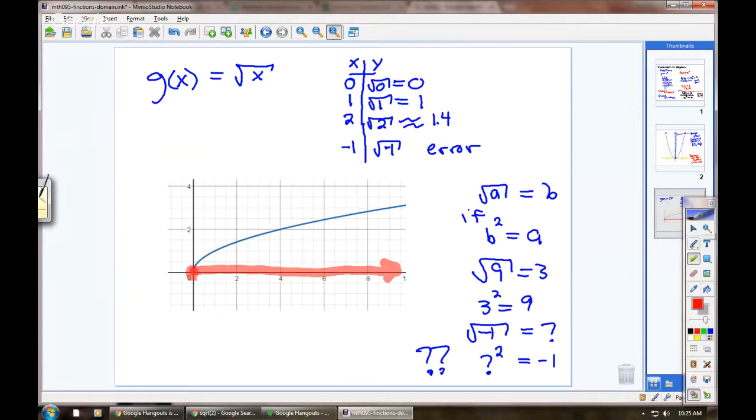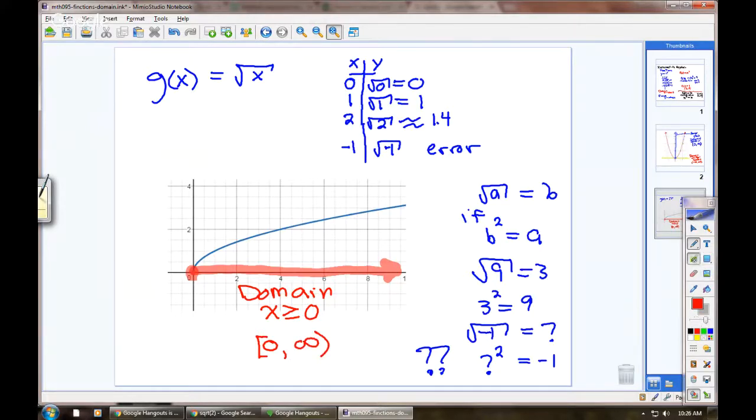So the domain here, you could say in inequality notation that x has to be greater than or equal to 0. In interval notation, you would put a square bracket because 0 is a legitimate number you can use, and then go to the right forever.